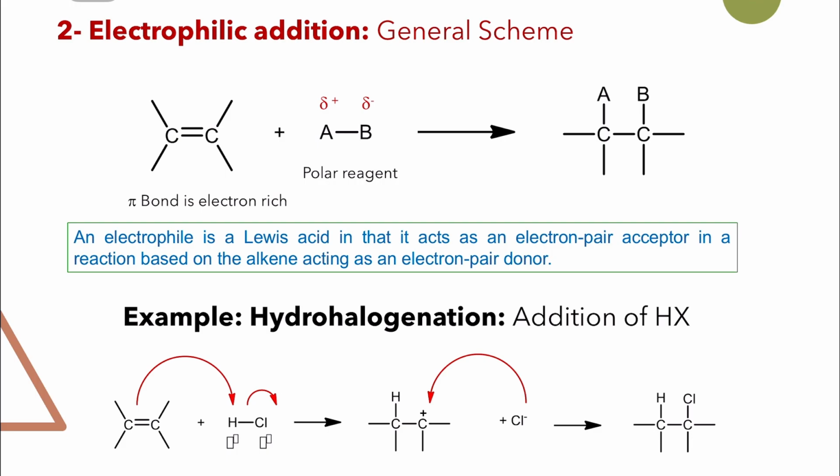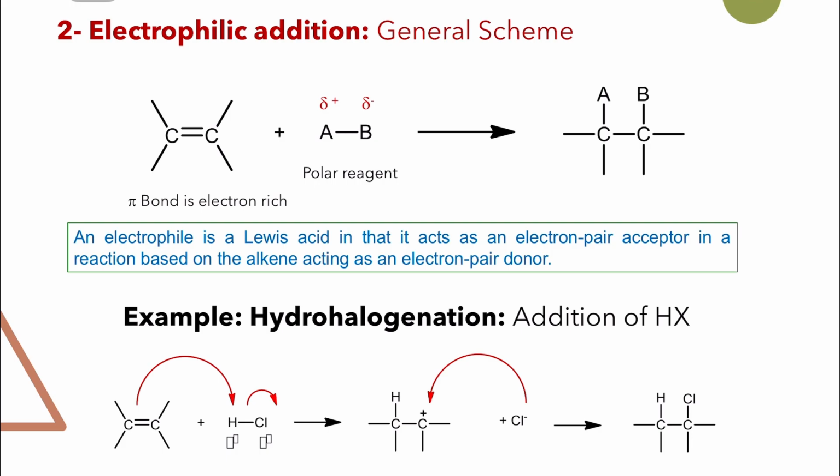So it's a group or an atom that is deficient in electrons and loves electrons. It will be attacked by electrons, or react with electrons, or add itself to electrons.